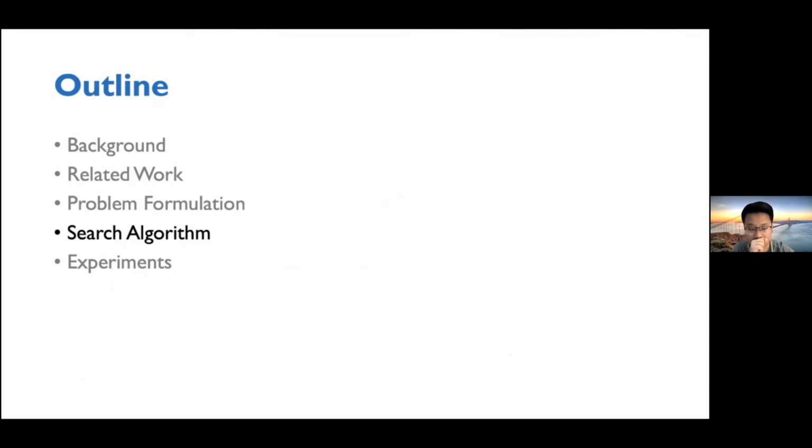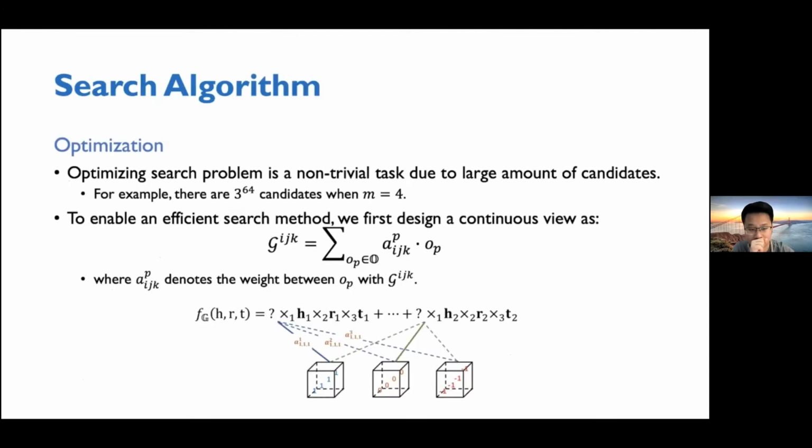Then we'll talk about how to solve this search problem. Optimizing the search problem is a non-trivial task due to the large number of candidates. For example, when we set m to 4, there are in total 3 to the power of 64 candidates.